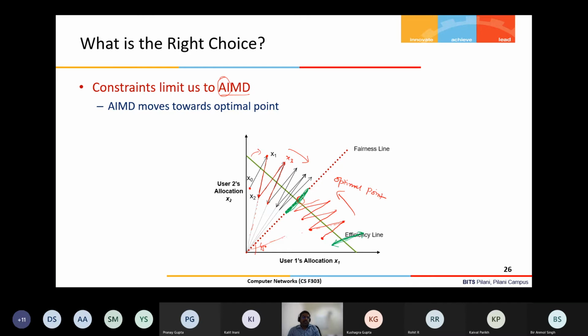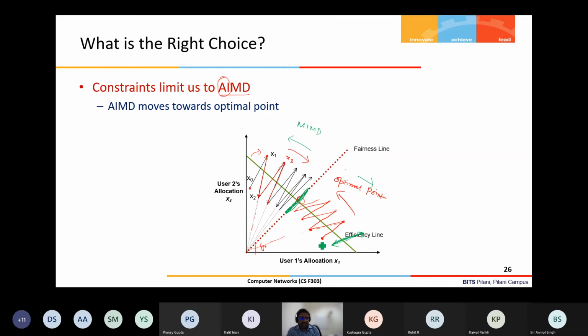approach, right? Similarly, you can check the other one, MIMD, also. MIMD will not take you to the optimal point. It will take you away from the optimal point. Suppose starting from here, you are going in this direction. So AIMD is the only combination out of these additive and multiplicative increase and decrease that takes me to the optimal point from any location, in whatever state the system is.